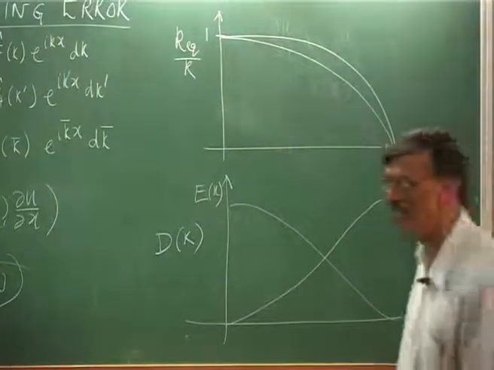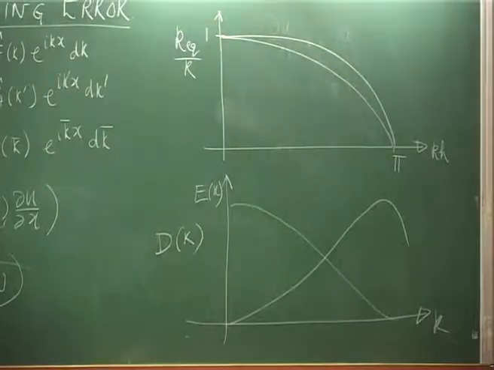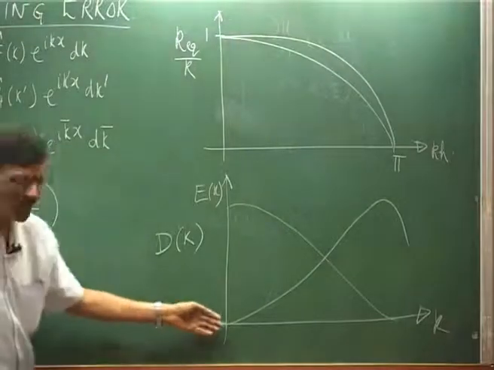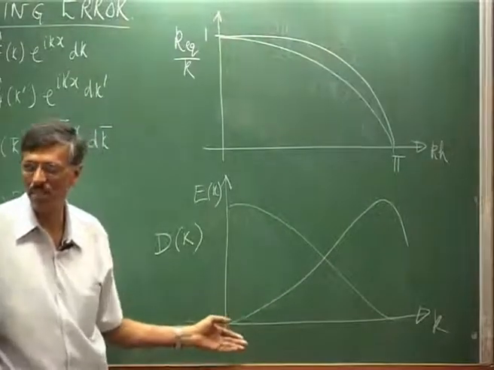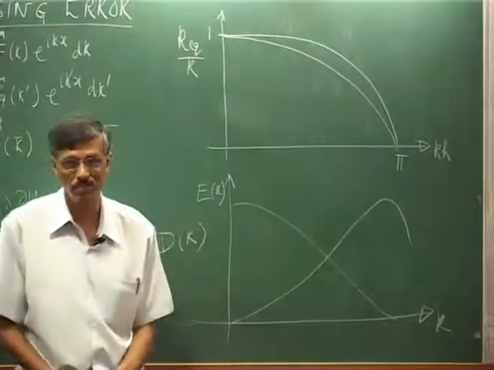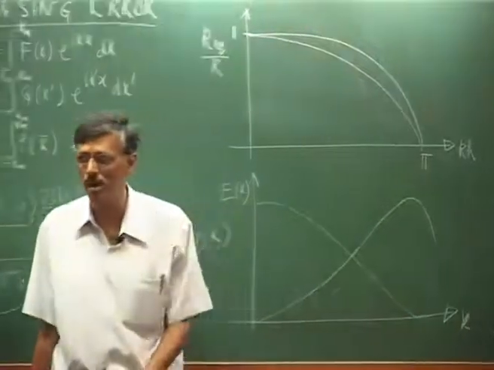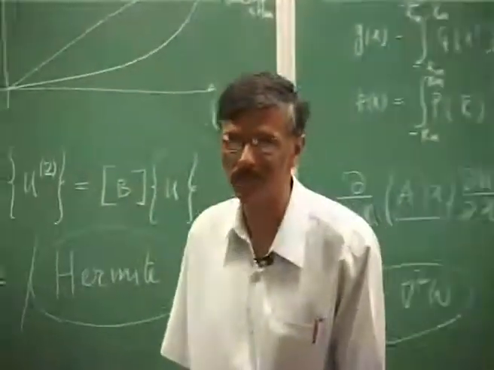So, the dissipation term is a sort of complementary picture of the energy. At small wave number dissipation is less effective, but as wave number increases dissipation keeps increasing, so much so that at very high wave number you actually get the peak of dissipation.